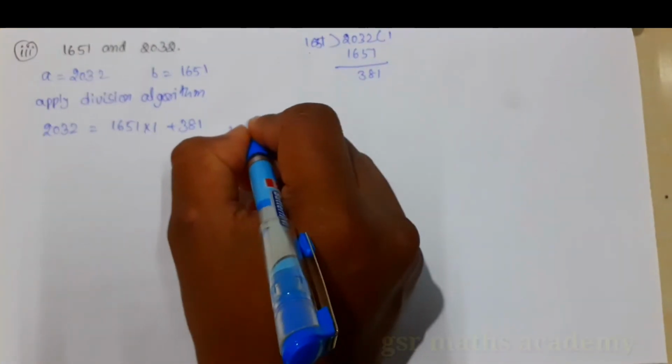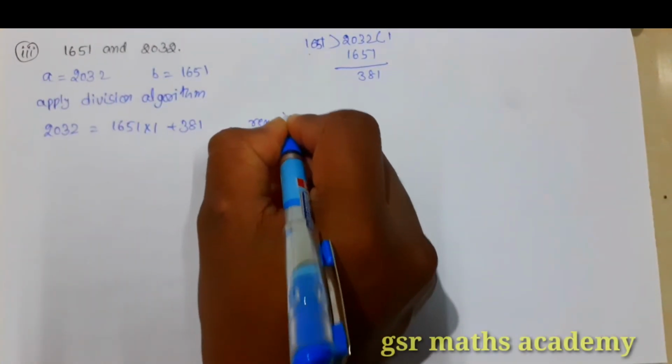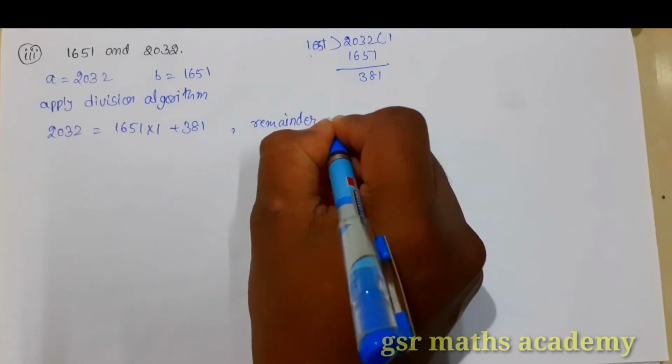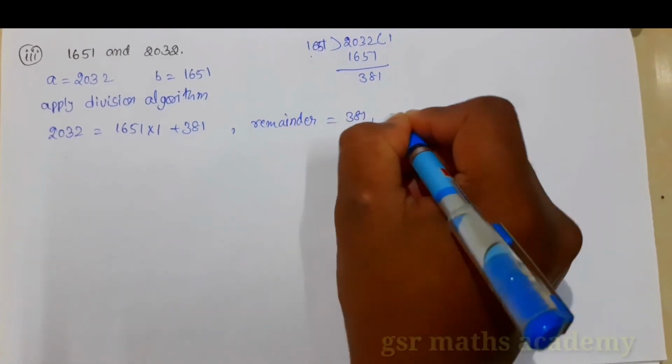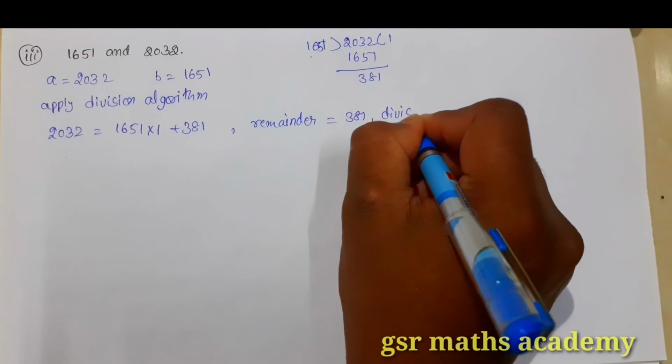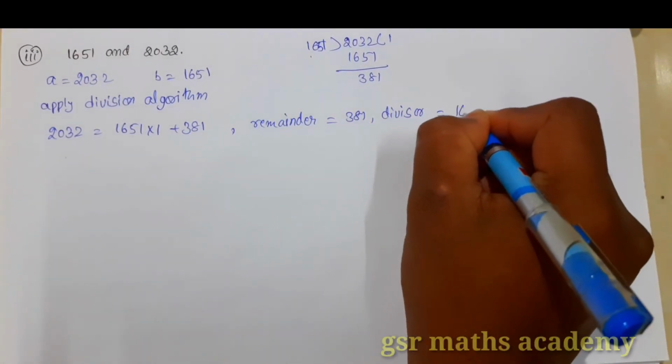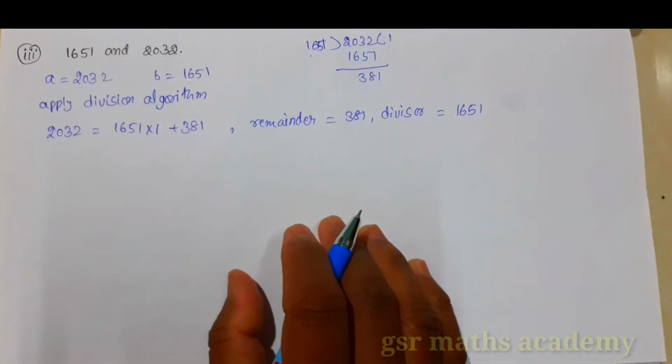Now what is the remainder? Here remainder is 381. Divisor, what is the divisor? Divisor is 1651.